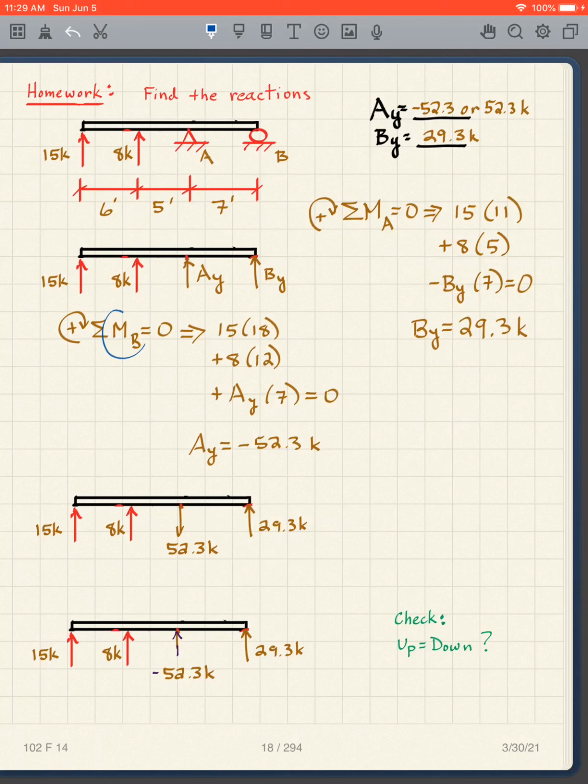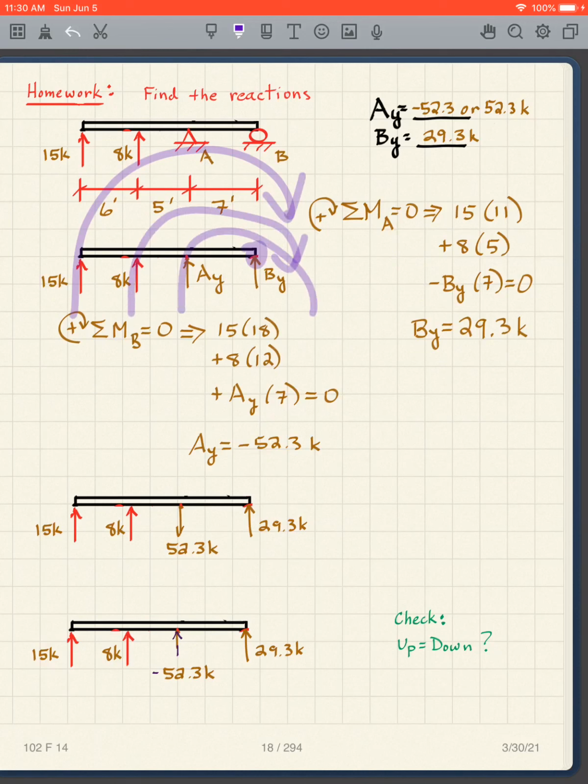Now we're going to take moments about B equals 0. So I'm taking moments about this point. I have 15 times 18, 8 times 12, AY times 7, and then clockwise positive, clockwise positive, clockwise positive.